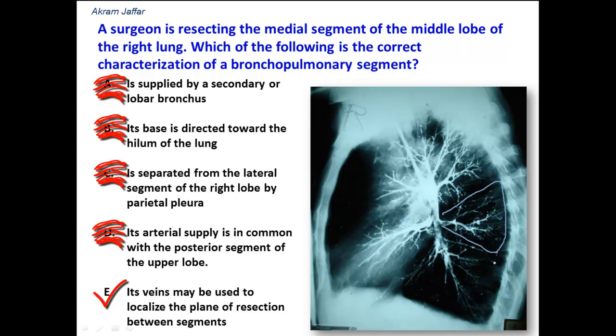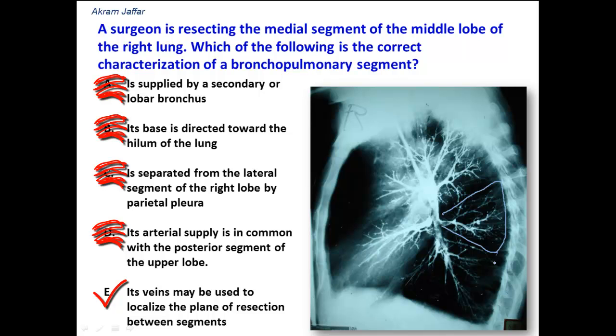If a surgeon is intending to do a lobectomy, for example, resecting the whole middle lobe, this would be much easier, because the middle lobe of the right lung is bounded by the oblique fissure and the horizontal fissure, and these will act as a very good and easy plane of resection of the whole lobe.